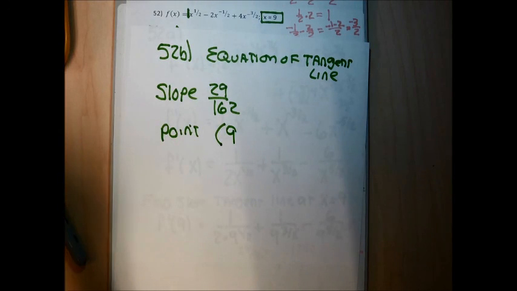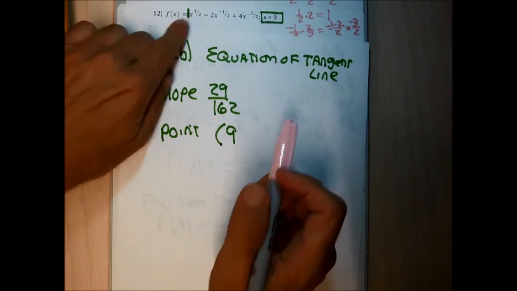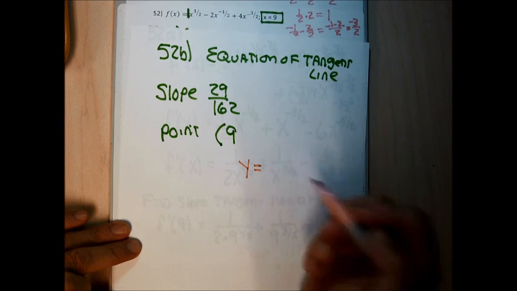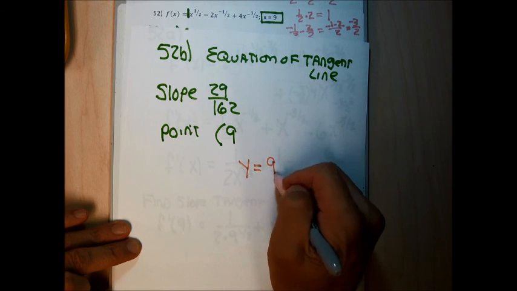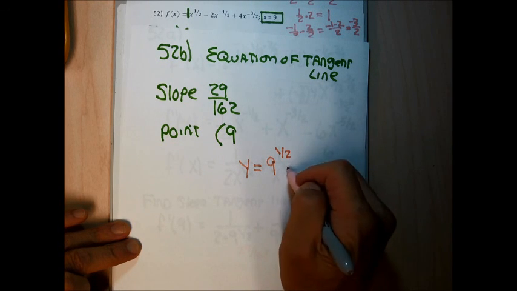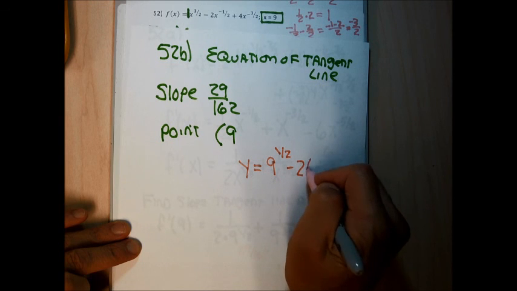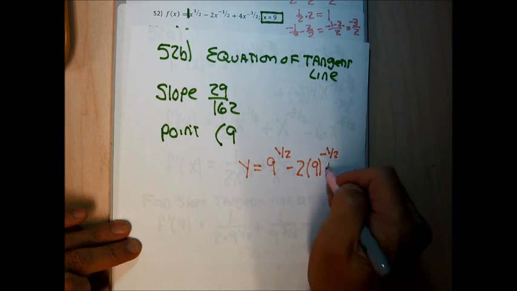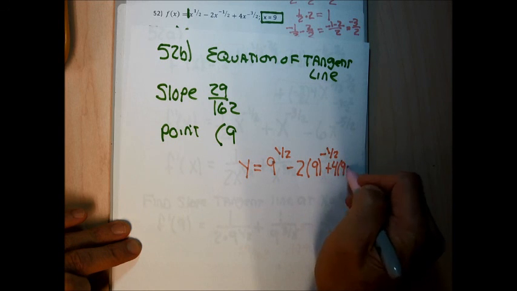To get the y-coordinate, I have to take 9 and plug it into the original function. So to get the y, it's going to be y equals f of 9, which is going to be 9 to the 1/2 power minus 2 times 9 to the negative 1/2 power plus 4 times 9 to the negative 3/2 power.